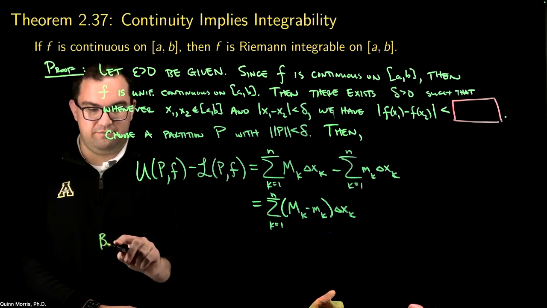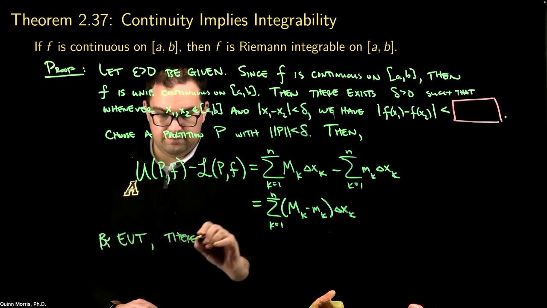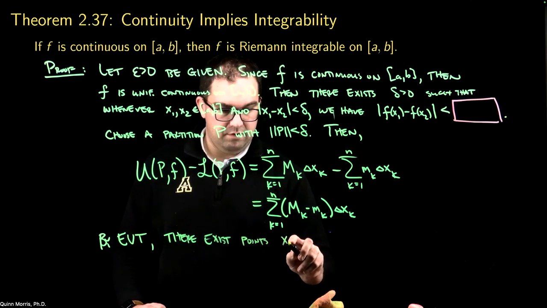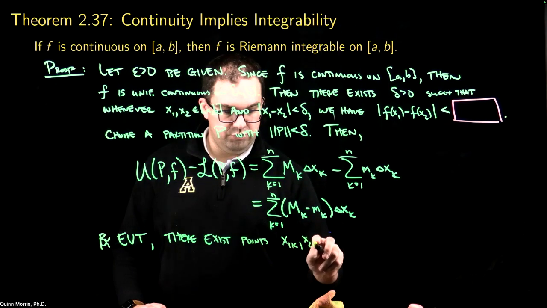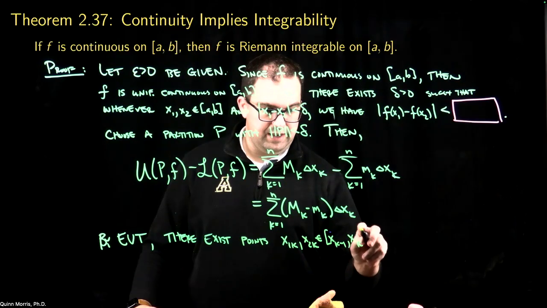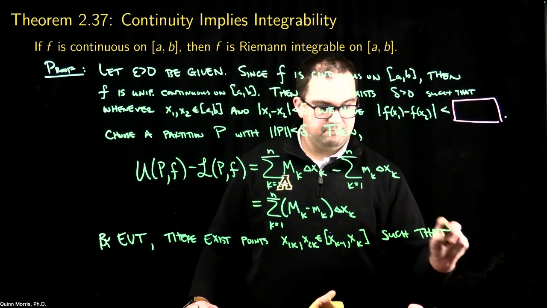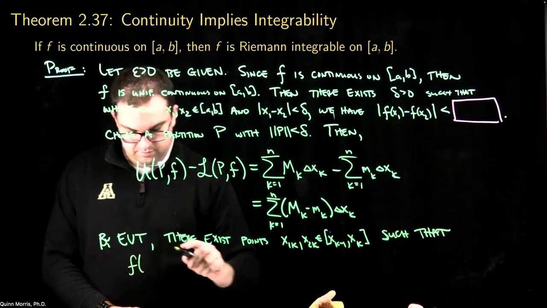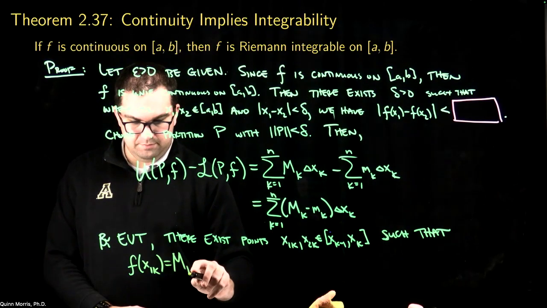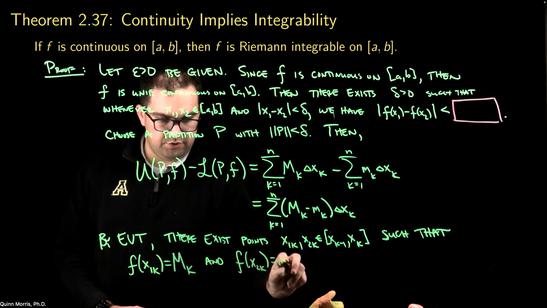So by the extreme value theorem, there are points, I'm going to call them x1k and x2k, in that kth subinterval, between x sub k minus 1 and x sub k, such that f of x sub 1k is equal to capital M sub k, and f of x sub 2k is equal to little m sub k.